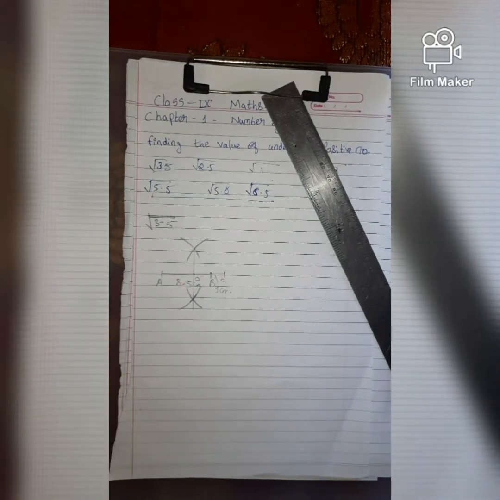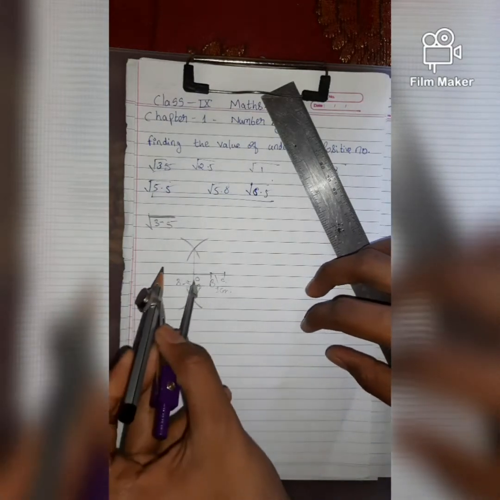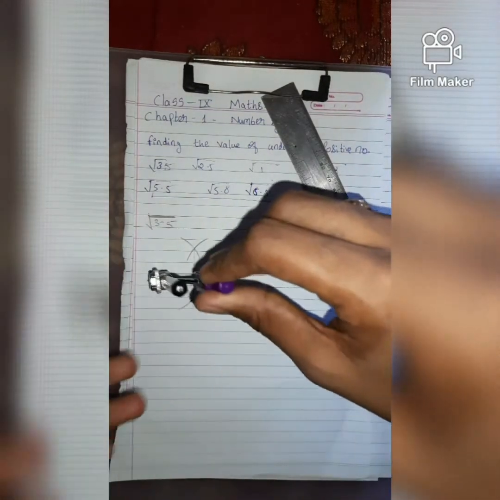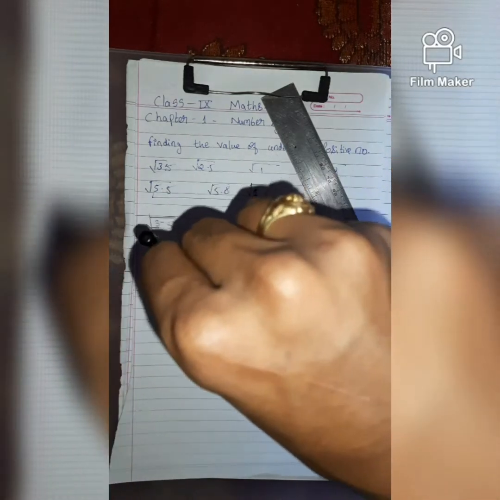So now let's draw a semicircle, taking OA as radius, keeping the center at O and the pencil at A, and we draw a semicircle like this.